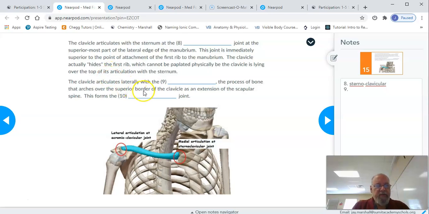The clavicle articulates laterally with the acromion process. The acromion process is a bone that arches over the superior border of the clavicle. You can see it kind of peeking out right here, and it looks like it has that arch.